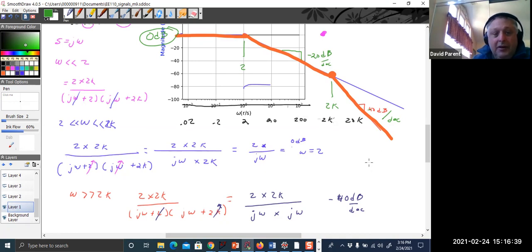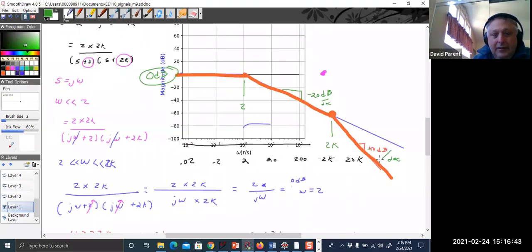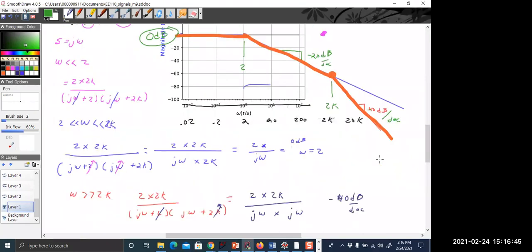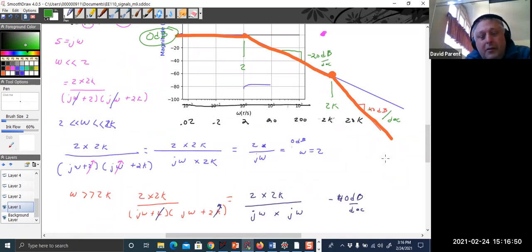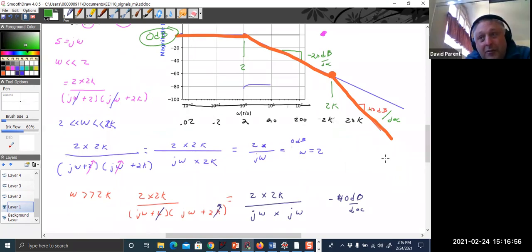All right. Now, the question was, what about the 10? Professor, how did you get minus 40 dB per decade? I'm going to have to come back to that because I have that in a summary chart from last time, and I have to hit a lot of things today.